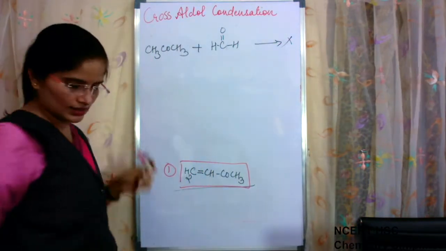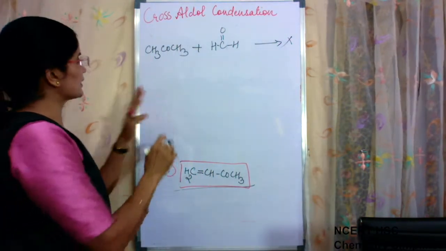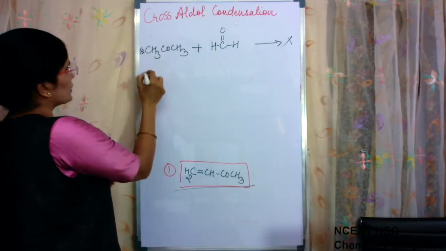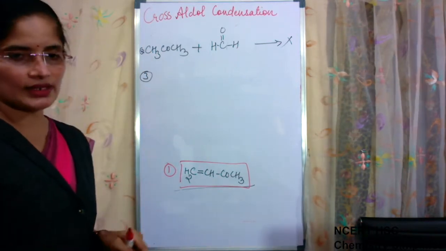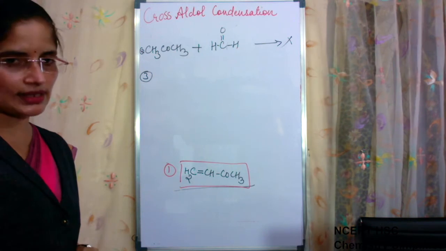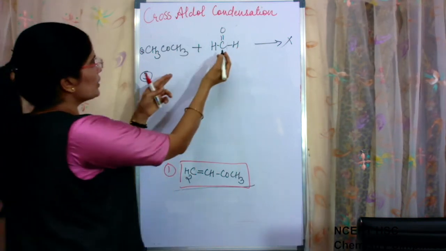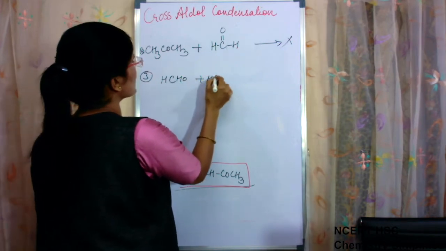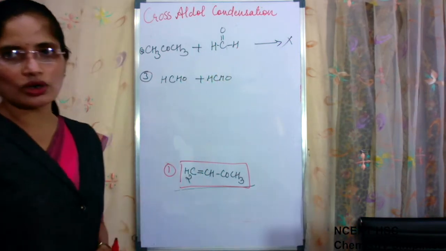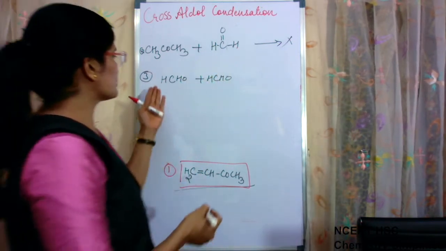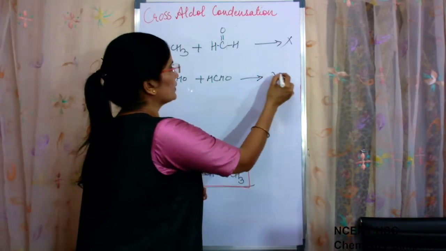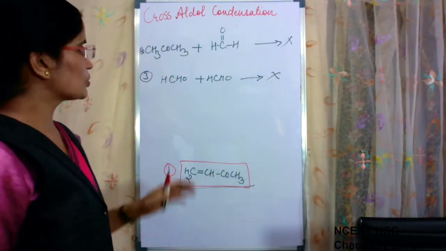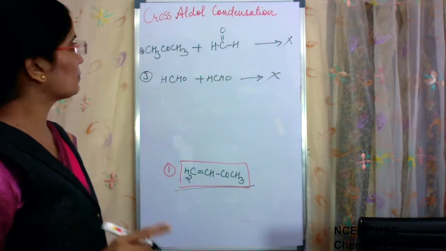So of products 1 and 2, one is possible, the second one is not possible. The third and fourth conditions are self-condensation conditions. If HCHO undergoes self-condensation, HCHO plus HCHO, this is not possible because both of them do not have alpha hydrogen. So this product also is not possible.